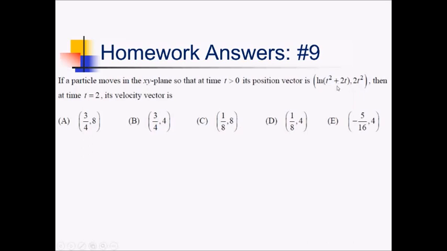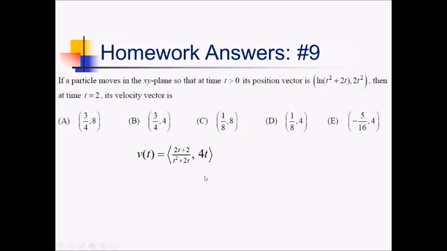This is going to be 1 over the something, so 1 over t squared plus 2t. But now we're going to multiply by the derivative of t squared plus 2t. So that's going to end up in the numerator here because you're multiplying. So this will be 2t plus 2. And then we'll take the derivative of 2t squared over here. So our y prime down here is going to be 4t.